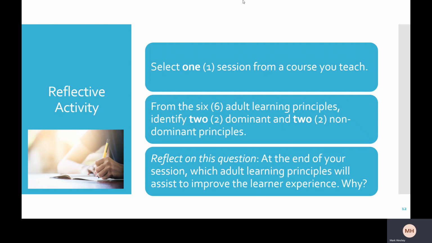So after you have contemplated visually in your mind or in written form 2 dominant and 2 non-dominant principles, I then want you to reflect on this question. At the end of your session, which adult learning principles will assist to improve the learner experience?